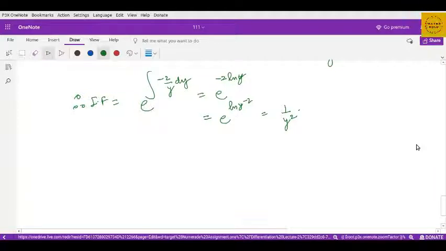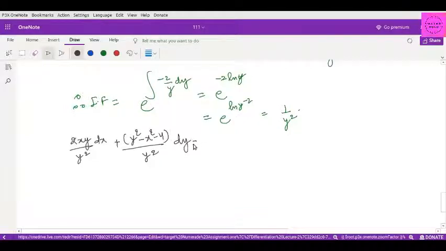Now we have the equation as 2xy dx upon y square plus y square minus x square minus 4 upon y square dy becomes 0.